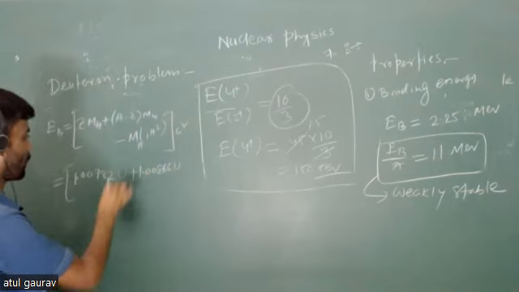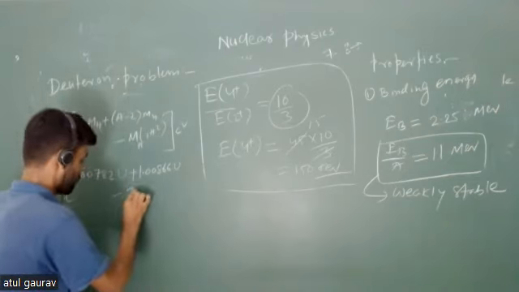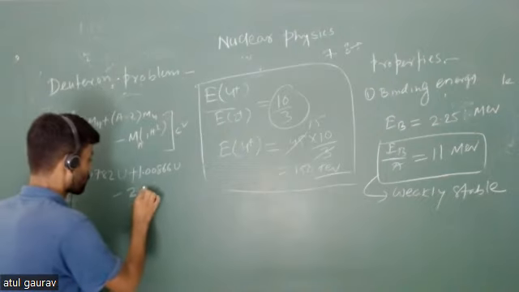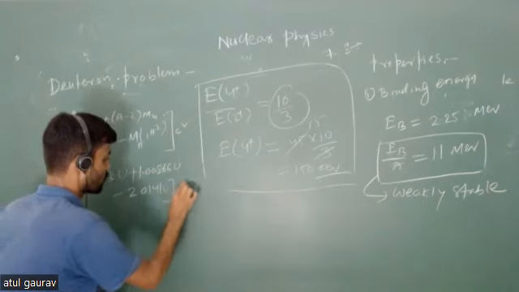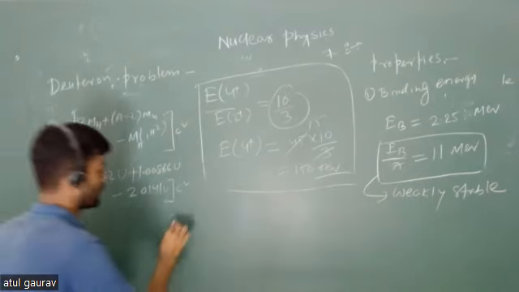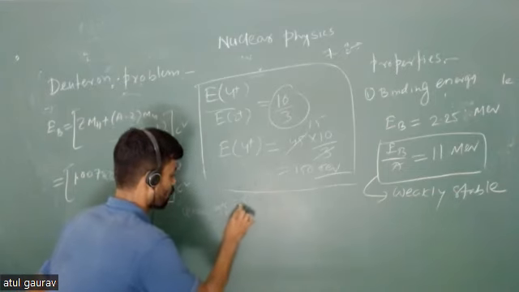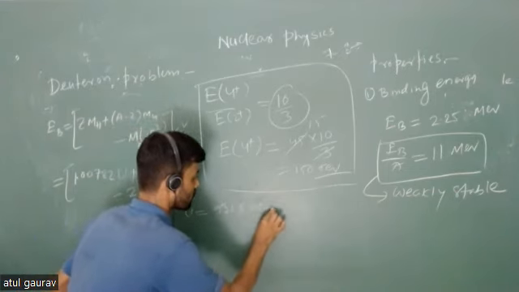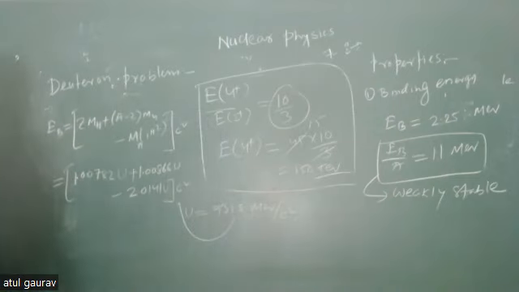Then the atomic mass of deuteron is 2.0141 u, times c square. Now u equals 931.5 MeV per c square. If you substitute it here, you will get the binding energy.